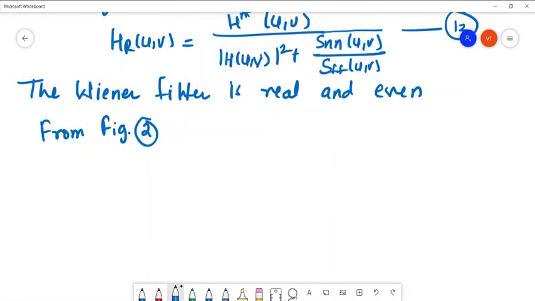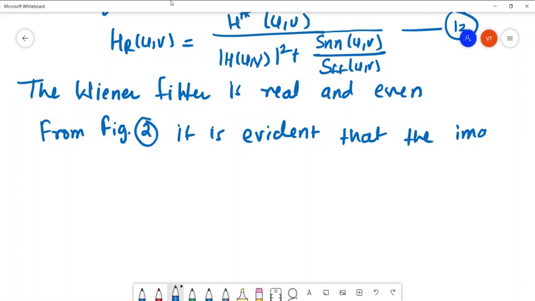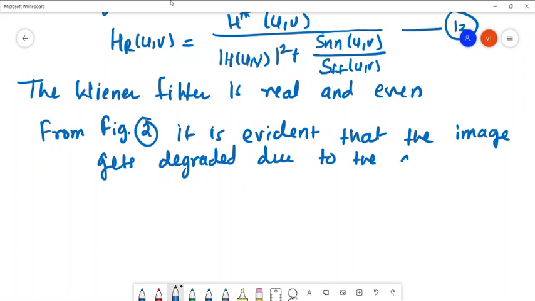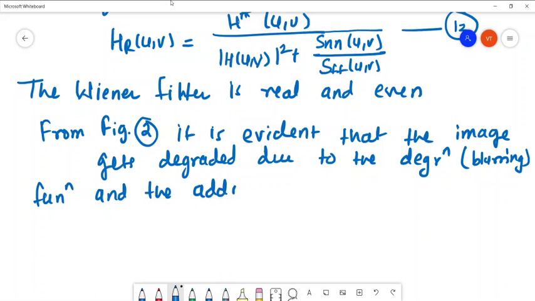From figure 2 it is evident that the image gets degraded due to the degradation, like for example blurring, the blurring function, and the additive noise component.